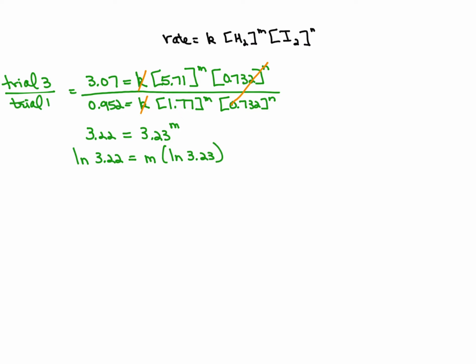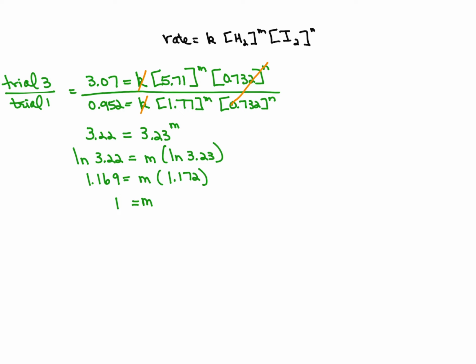The natural log of 3.22 is 1.169. The natural log of 3.23 is 1.172. I divide 1.169 by 1.172, and m equals 1. Let's go ahead and solve now for n.